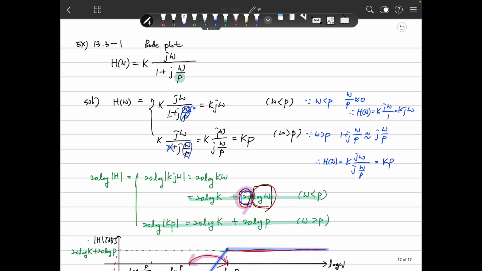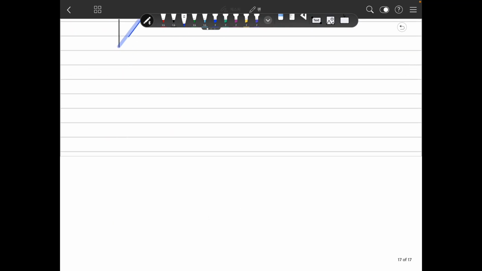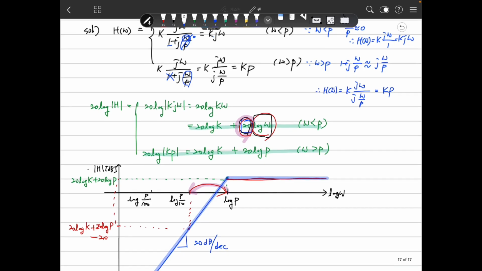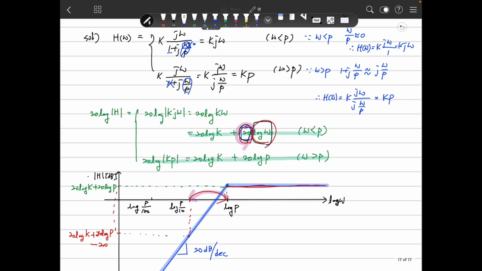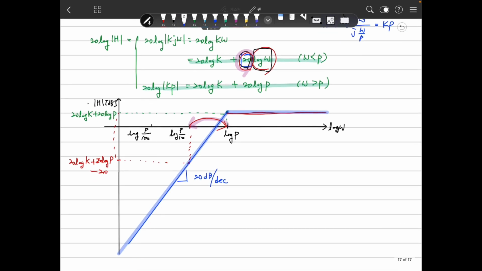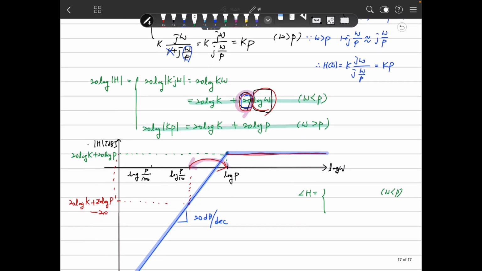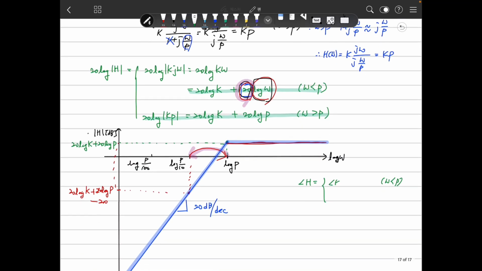And how about the phase angle? So we draw the phase angle here. The phase angle of H: at first, when omega is smaller than p, that is the angle of K j omega.